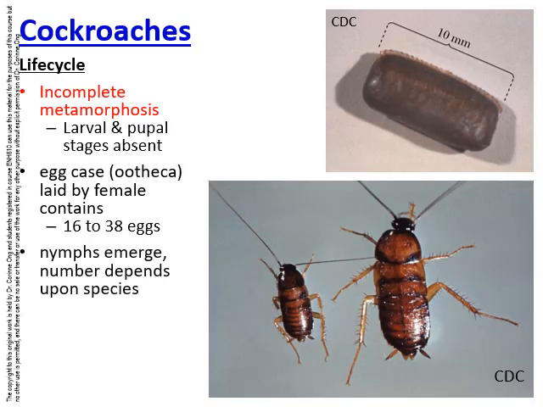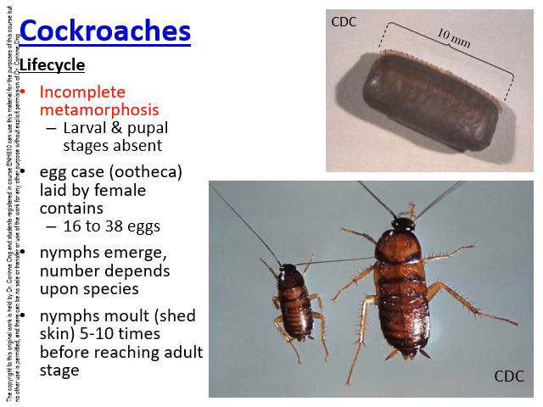So cockroaches do not have a complete metamorphosis. Their metamorphosis is considered incomplete because they lack the larval and pupal stages. So they don't have a worm type stage and they don't have a static stage in a cocoon. The life cycle starts with an egg. It's called the ootheca, and that is laid by the female.